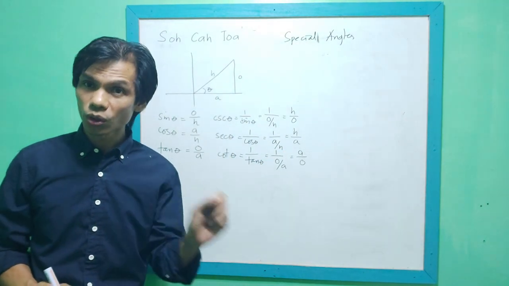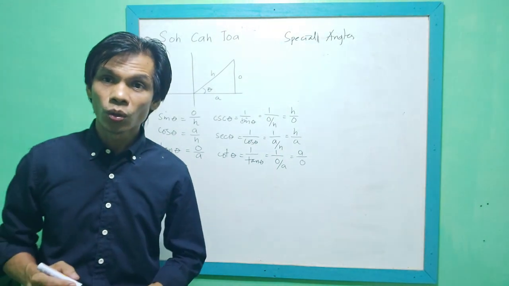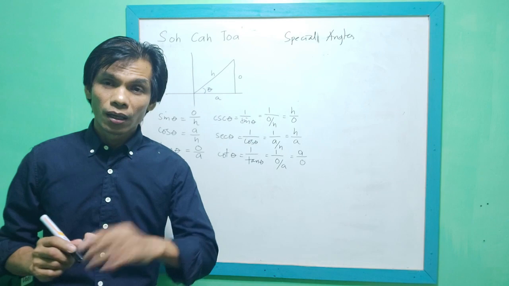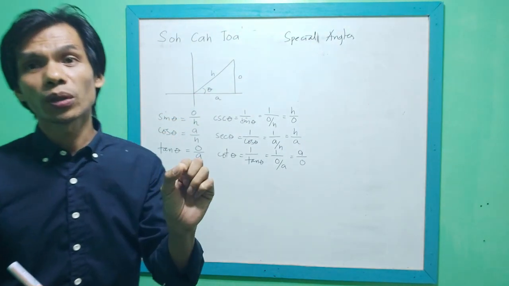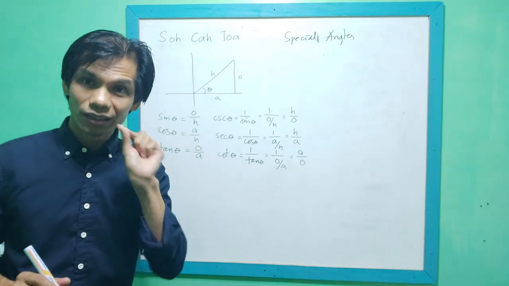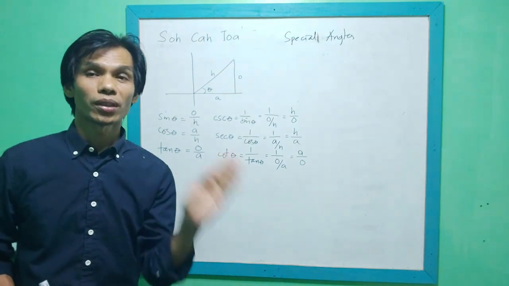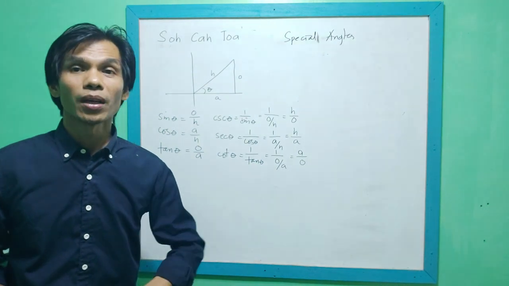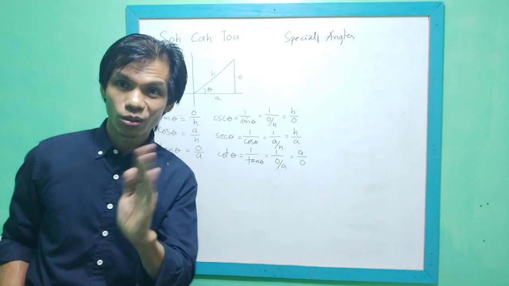Now, ituturo ko sa inyo kung papaano magbigay ng value ng mga trigonometric functions ng 30 degrees. Susunod yung 60, susunod yung 45. Pagkatapos yung kanyang mga multiples. Okay? So, wag kukurap.